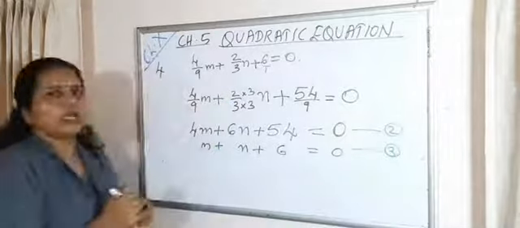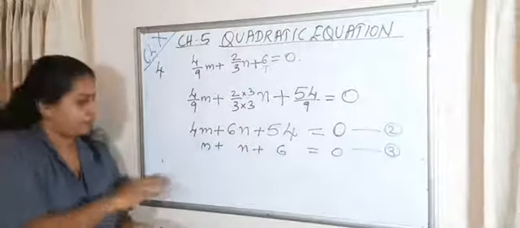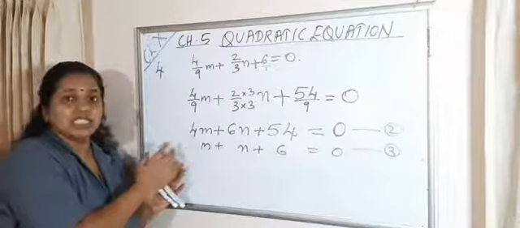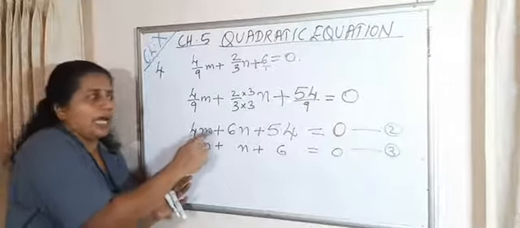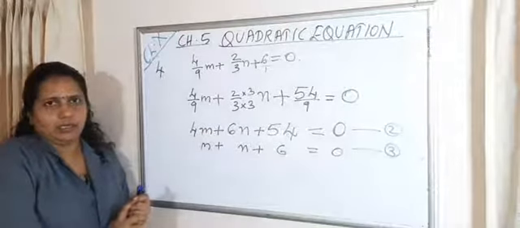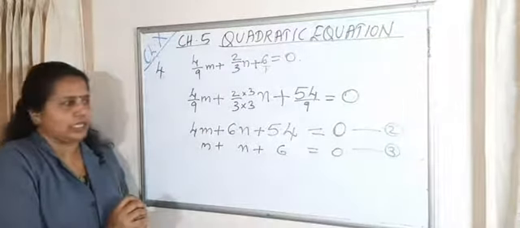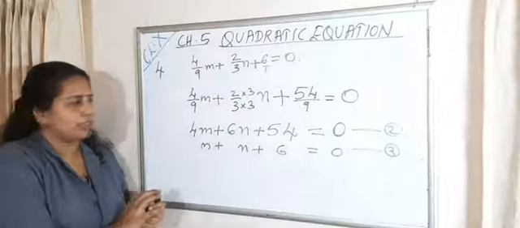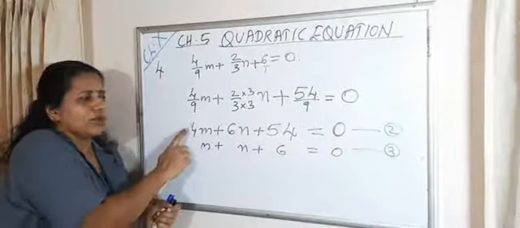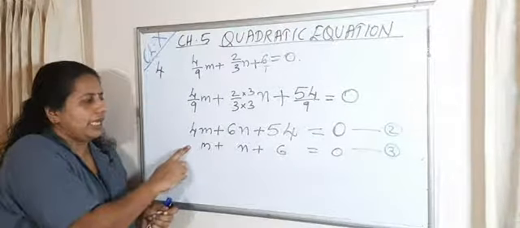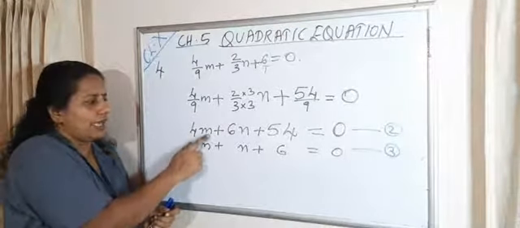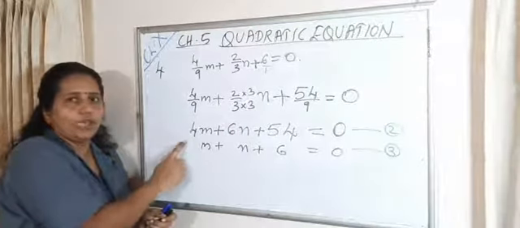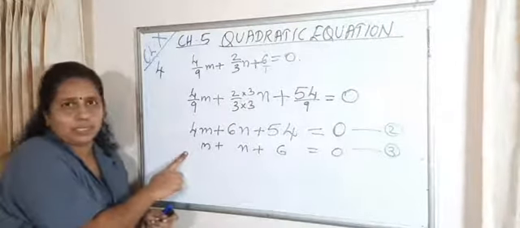Now how can we solve these equations? Here we have to remove one variable, either m or n, from these equations. How to remove this? You have to make equal terms. To make the first, that is 4m, here also you need 4m. Then only 4m minus 4m you will get 0.